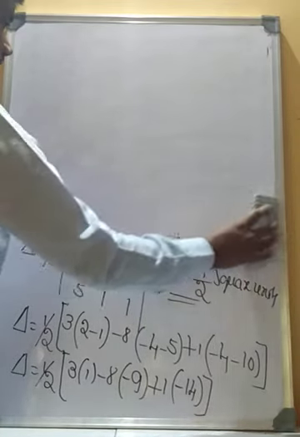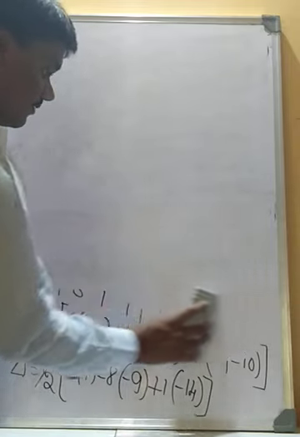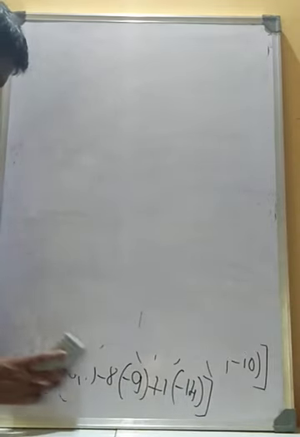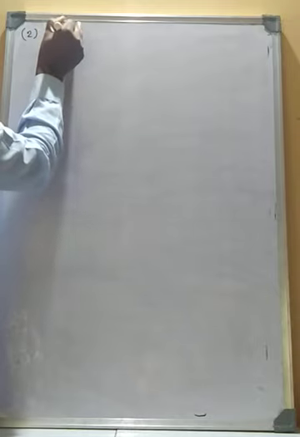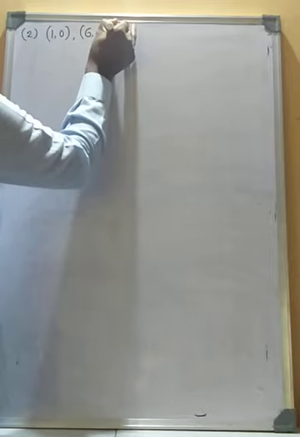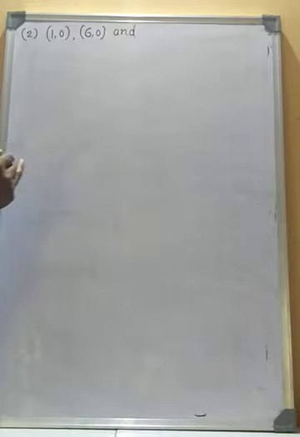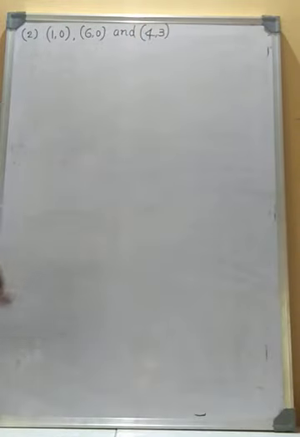Find the area of a triangle whose vertices are, problem number 2, 1, 0, 6, 0 and 4, 3.